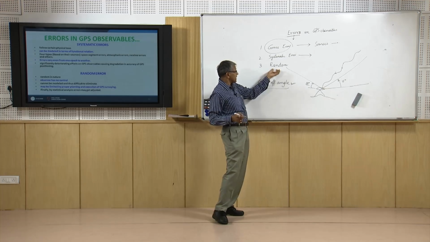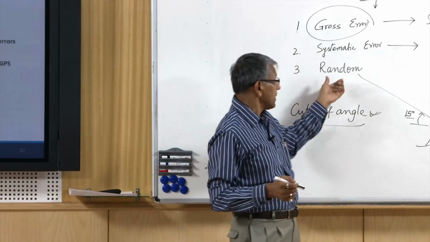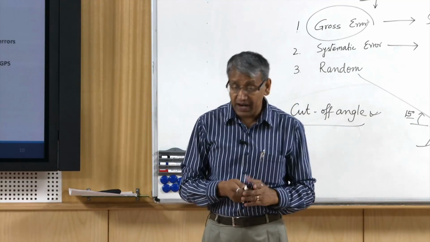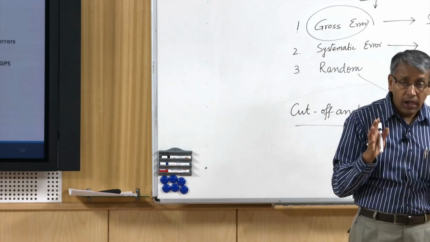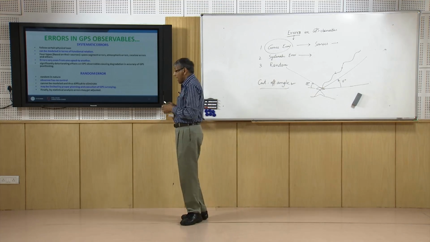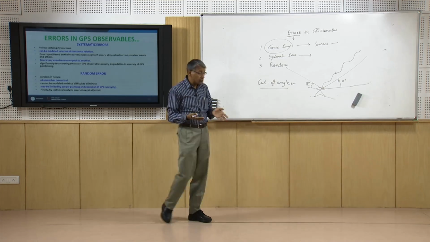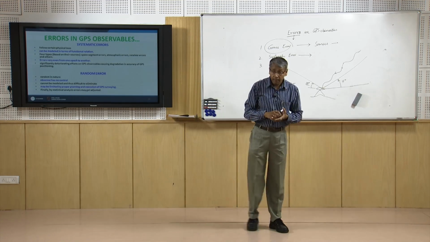And the last but not least, also important, is the random error, which does not follow any definite rule, so it cannot be modeled and we do not have any control over random error.